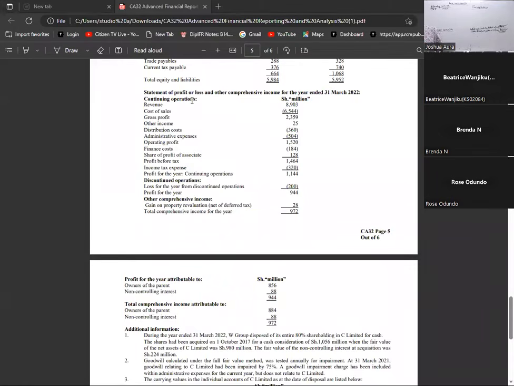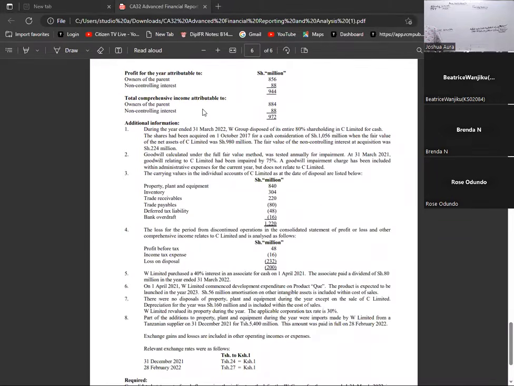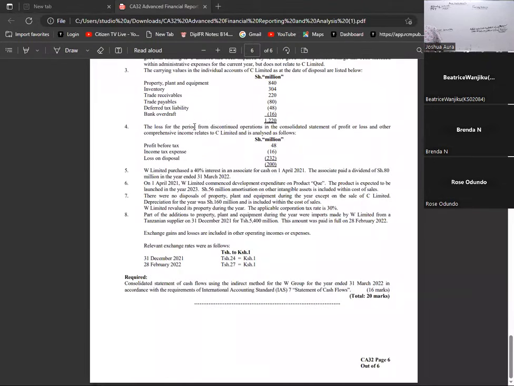If you look at the discontinued operation down here, you'll see the loss for the period from the discontinued operations in the consolidated statement of P&L and other comprehensive income related to C Limited, which was disposed of, and is analyzed as follows.